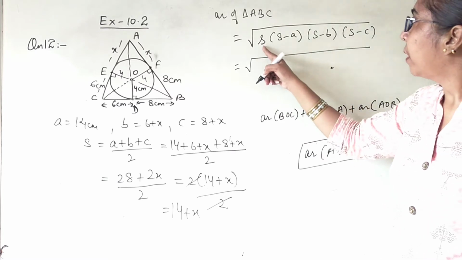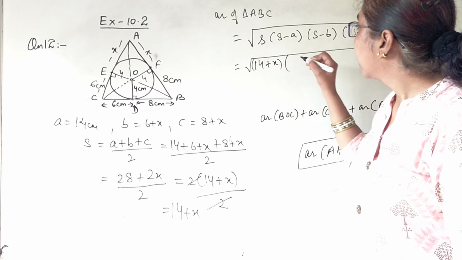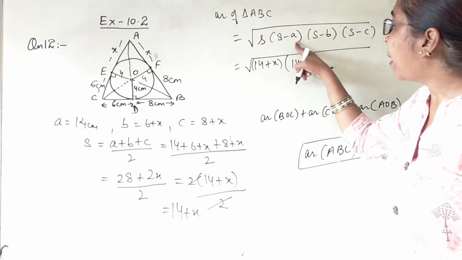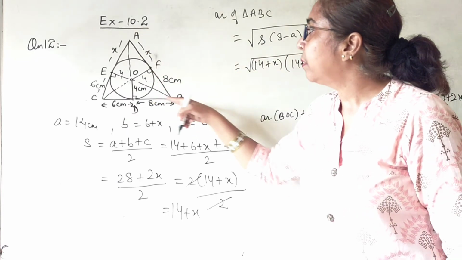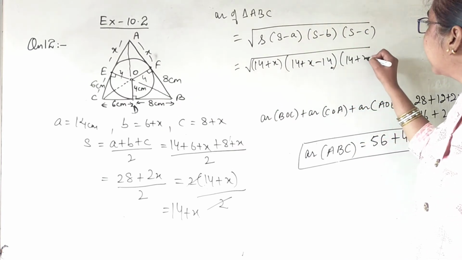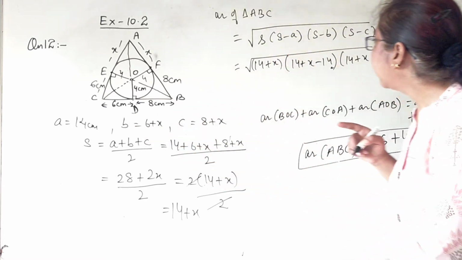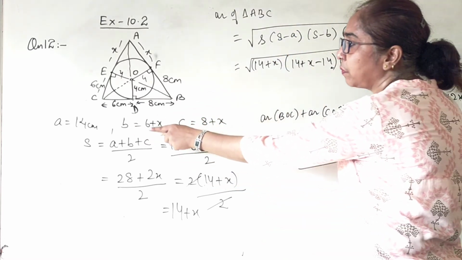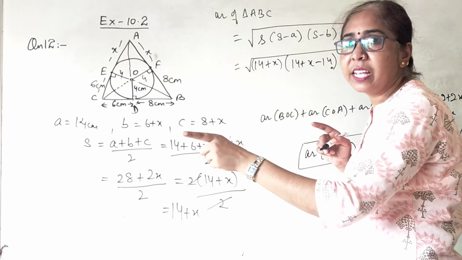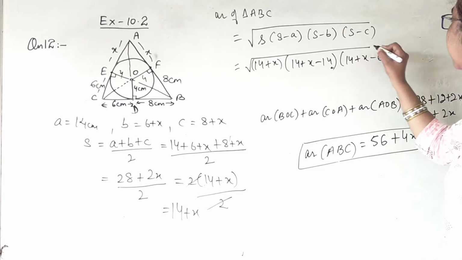Under root of s, which is 14 plus x, into 14 plus x minus a. A means again 14. 14 plus x is s minus b. B means 6 plus x. And this minus sign will change the sign of 6 as well as of x. So both the signs will be changed, so it will be minus 6 minus x.